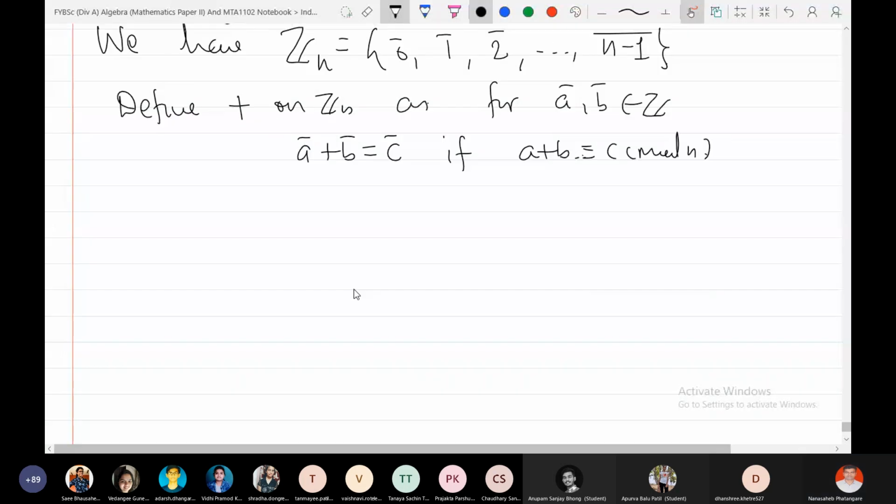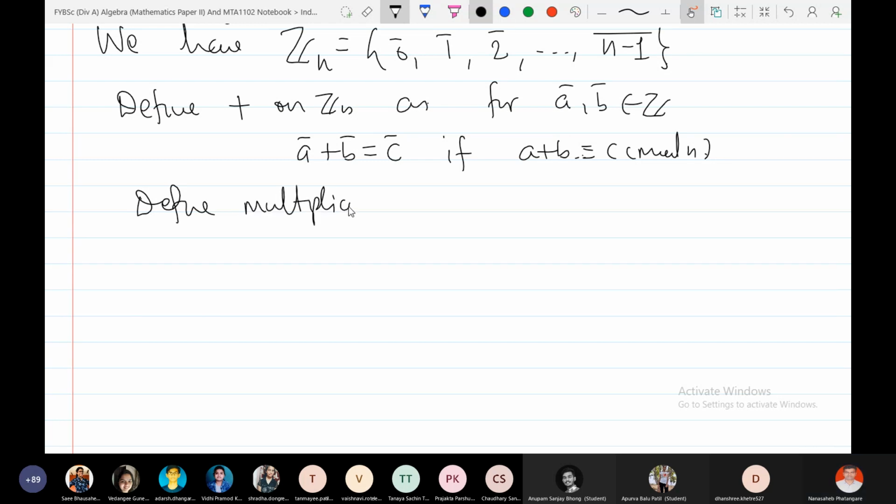Now define multiplication dot on Zn as a bar dot b bar is equal to c bar if a into b is congruent to c modulo n.